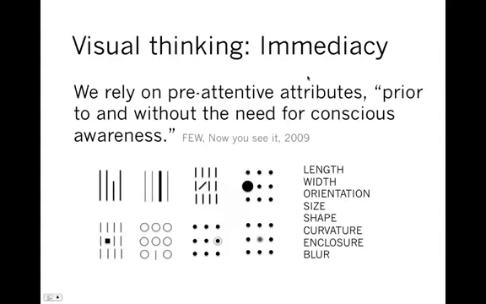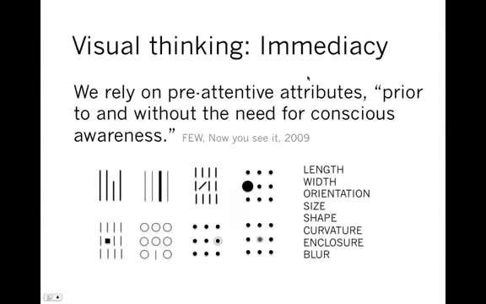And now the second row, the bottom row from the left, we have shape, right? You see that there's a square that stands out amongst a group of lines. Next, we have curvature. That means an object that has a certain curve.